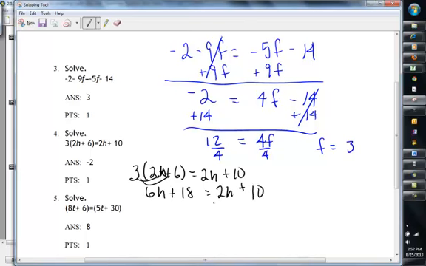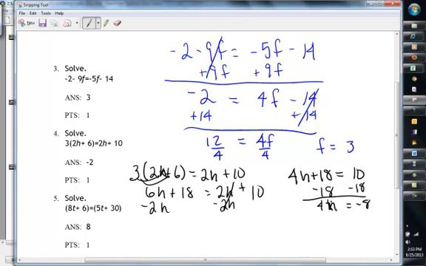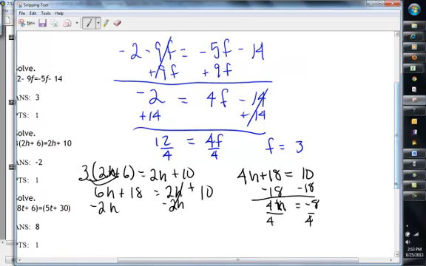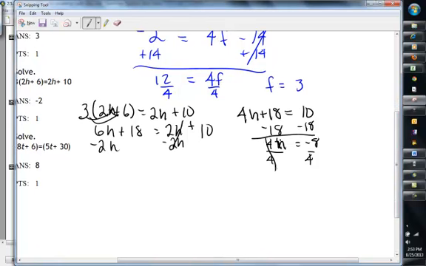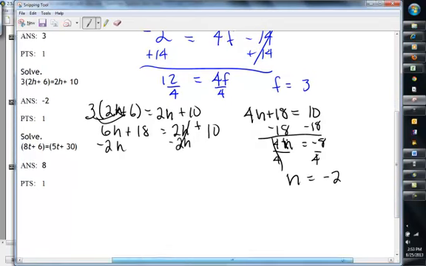We subtract 2h from each side, and we get 6h minus 2h is 4h plus 18 equals 10. Subtract 18 from both sides, and we get 4h is negative 8. Divide both sides by 4, and we get h equals negative 8 divided by 4, which is negative 2.